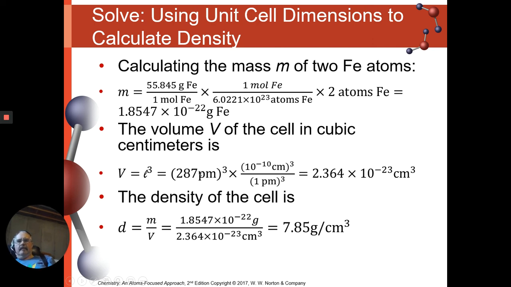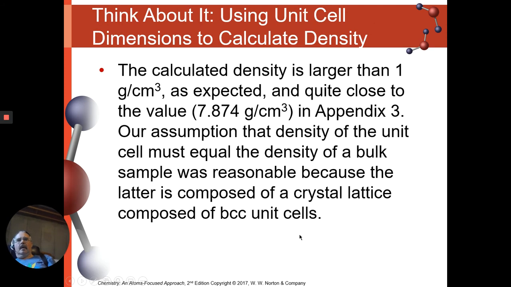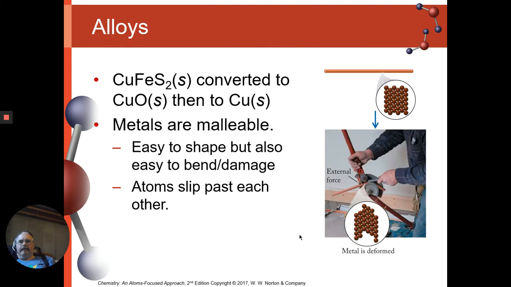Okay, the volume we can find by taking the length of an edge and cubing it, and then converting to centimeters. We take mass divided by volume, we get density. Okay, and this is actually quite close to the accepted value for the density of iron.